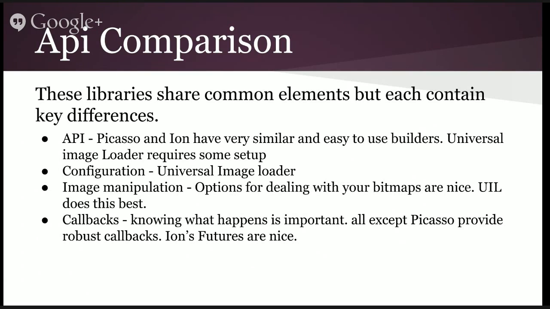Others, you actually have to do quite a bit of setup to get stuff going. Universal Image Loader is sort of the trade-off there, where because it's so open and it gives you so many options, you also have to do a lot of configuration for it before you can actually get started with it.